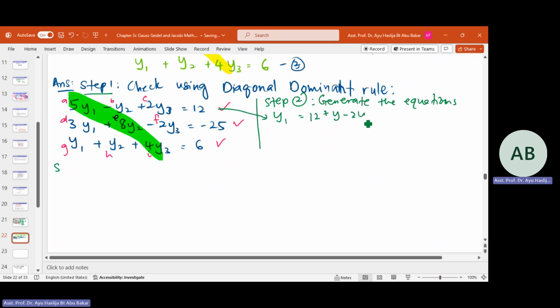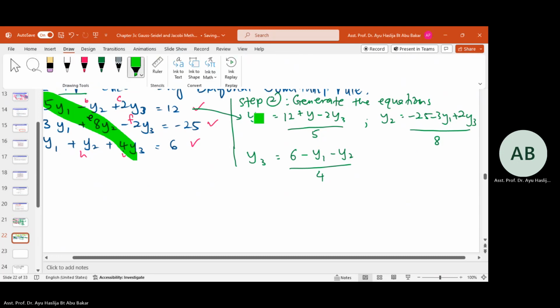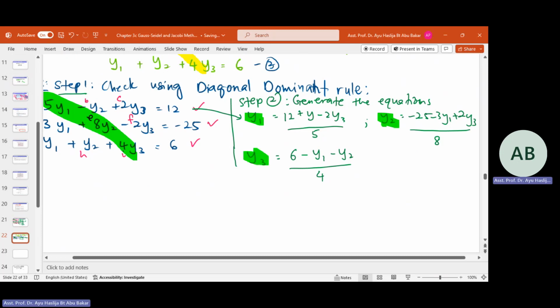Please be alert on the sign, positive, negative, minus, plus, because if you get it wrong, the rest of your iteration will be wrong. Okay, up to here, your y1, y2, and y3.